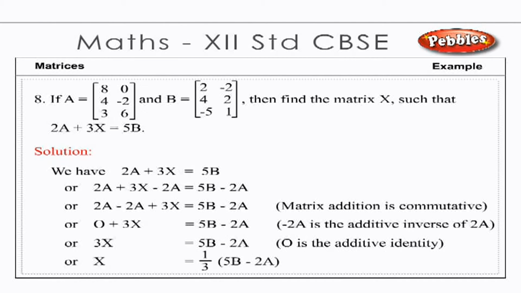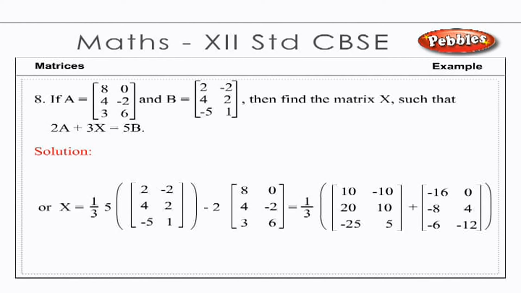O is the additive identity, so X = 1/3 (5B − 2A), or X = 1/3 (5 [2 −2 4; 2 −5 1] − 2 [8 0 4; −2 3 6]) = 1/3 ([10 −10 20; 10 −25 5] + [−16 0 −8; 4 −6 −12]).